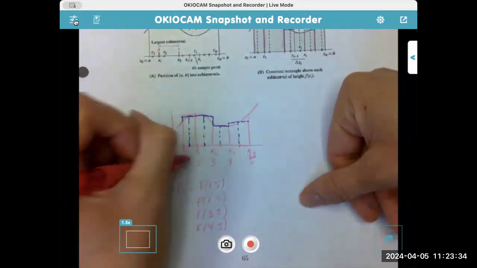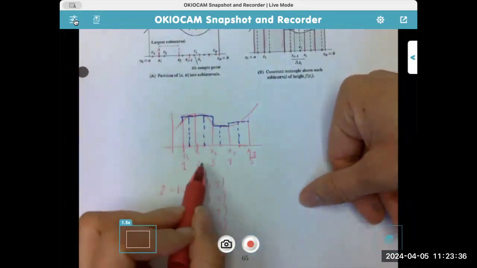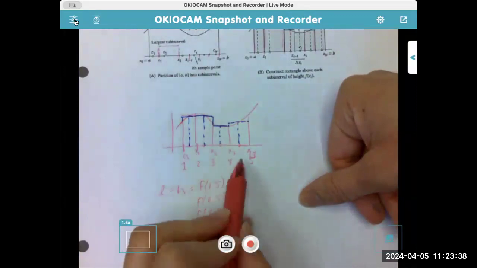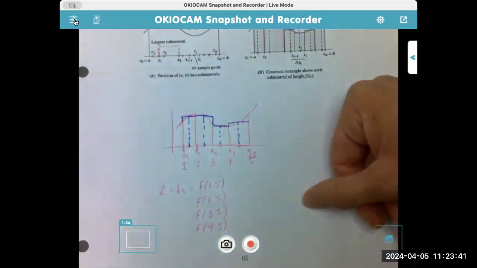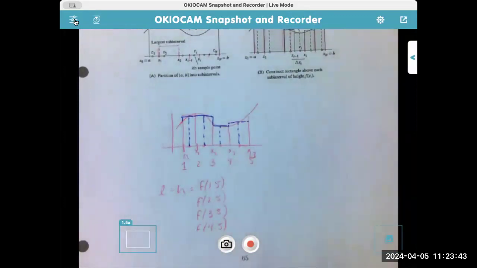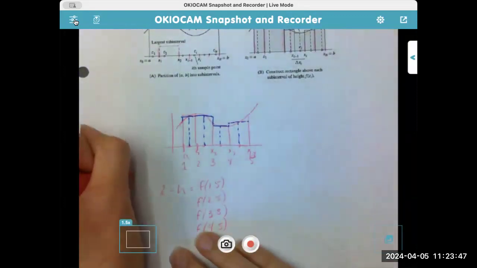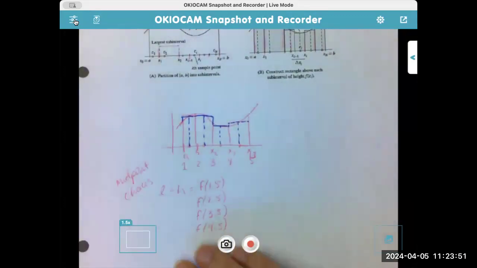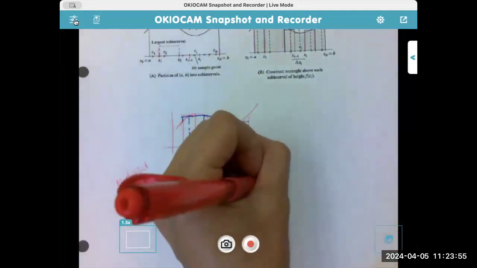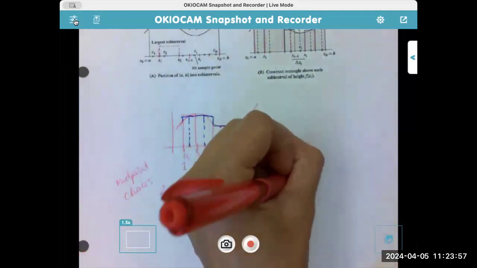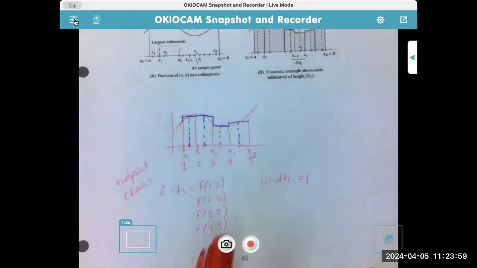So the middle of 1 to 2 is 1.5, 2 to 3, 2.5, 3 to 4, 3.5, 4 to 5, 4.5. These are your midpoint choices. The width of all of them is, of course, 1. So you would add all of these up, and then that would be your approximation. Next.